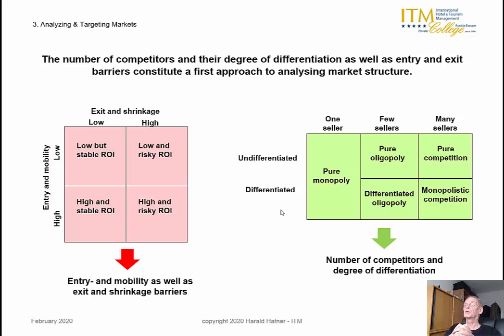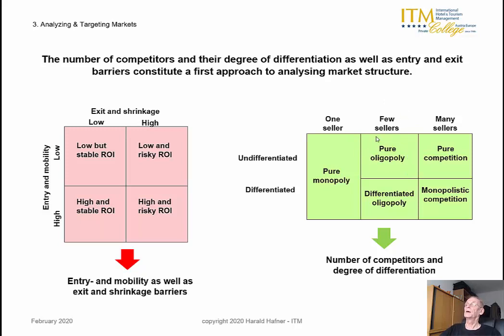If you look at Google, who has a market share of 95% in German-speaking countries, we can talk about a monopoly. When we move on here and have few sellers, we now can distinguish between undifferentiated and differentiated markets. And if we have a few sellers, we speak of an oligopoly.